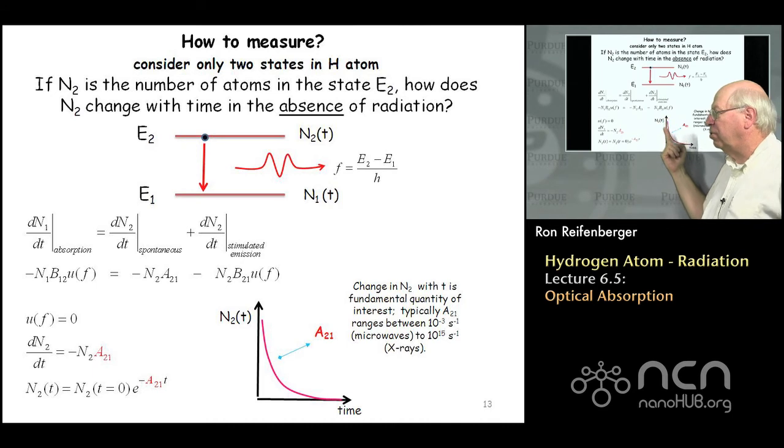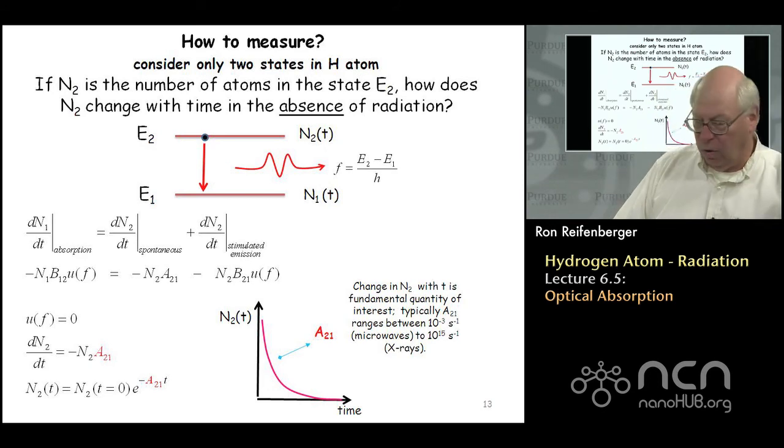So if you can measure the rate at which the electrons decrease from the upper energy level, you have a direct measurement of this coefficient A sub 2,1.